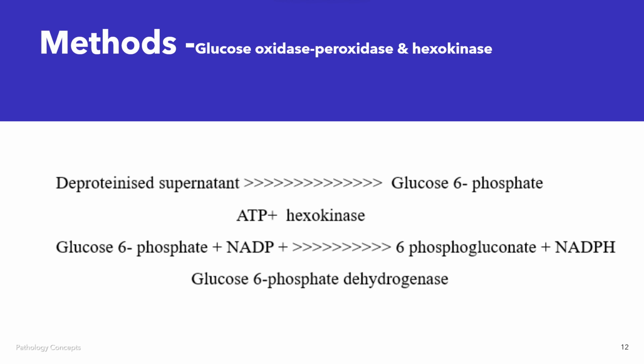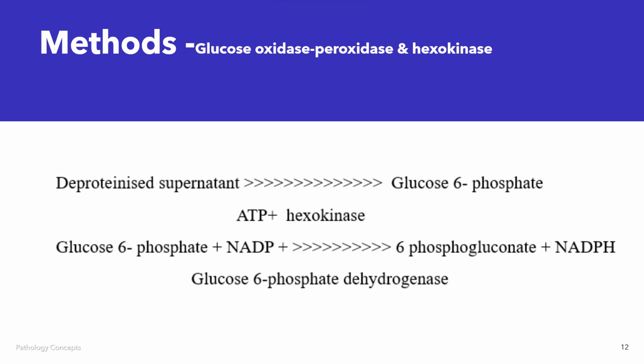The hexokinase method is considered the fastest and most accurate and is commonly used on automated systems. Serum or plasma is first deproteinized by barium hydroxide and zinc sulfate and the clear supernatant is used for the reaction. Glucose in the sample first reacts with ATP with the help of hexokinase enzyme to form glucose 6-phosphate.